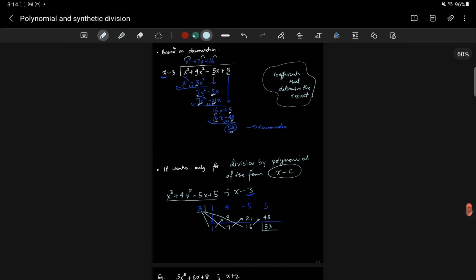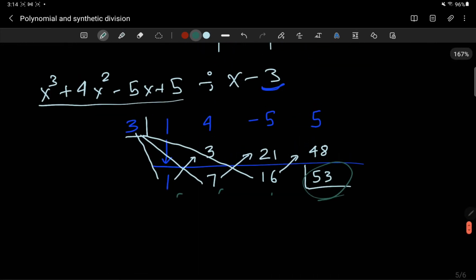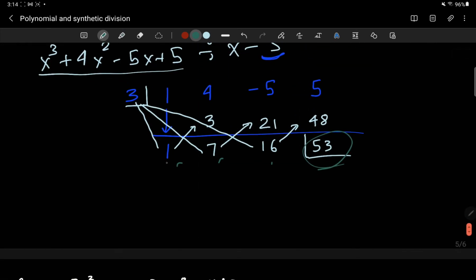Now if you compare these two results, you see the 53 matches up with the last number, and the 1, 7, 16 matches with the coefficients. So once you have these numbers, 1 is going to be the coefficient of x squared, 7 is going to be the coefficient of x, and 16 is going to be the constant.